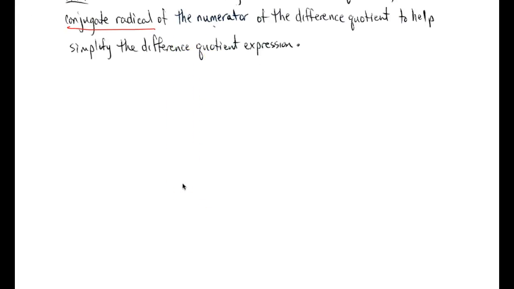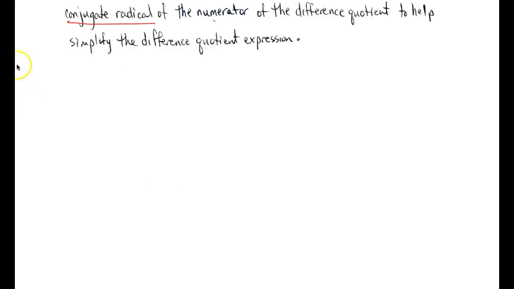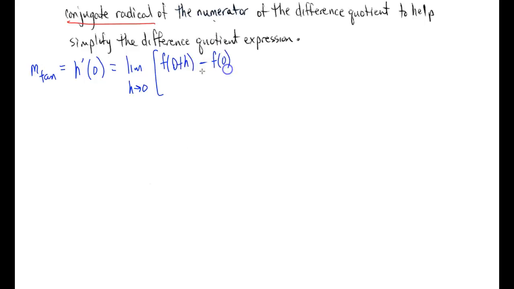So moving down here, we know that in order to find the slope of the tangent line, we need to be able to take the derivative of the function at 0, which is going to be the limit as h approaches 0 of f of 0 plus h minus f of 0, all that divided by h.